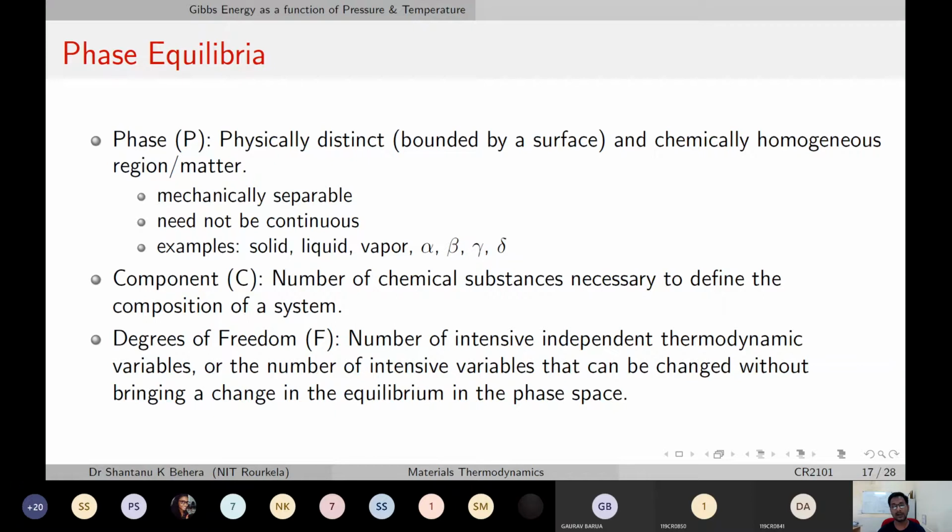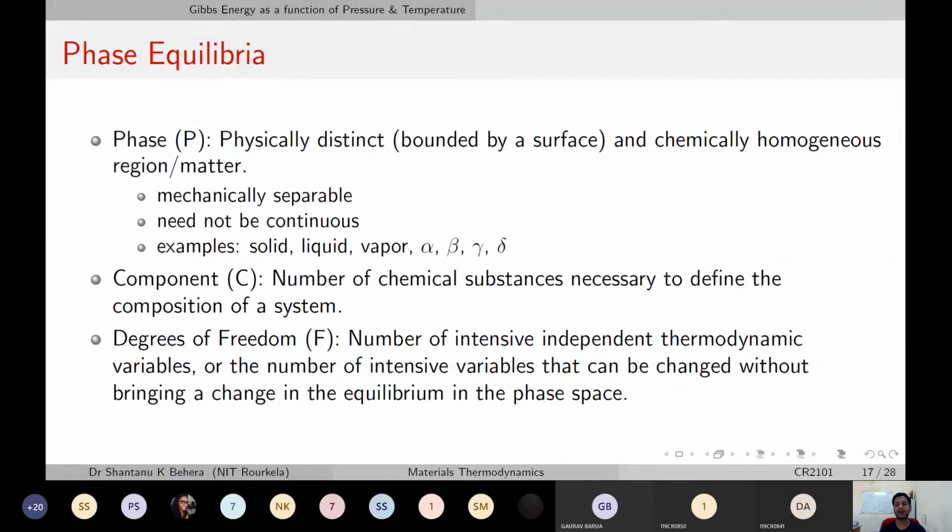So to begin our discussions in phase diagrams, let's first define some of the terms which you might be using in the consideration of phase diagrams. So what do we call a phase? I think from your lower classes, you might have understood that solid, liquid, and vapor are the phases. And in the domain of materials thermodynamics, the definition of phase becomes slightly broader.